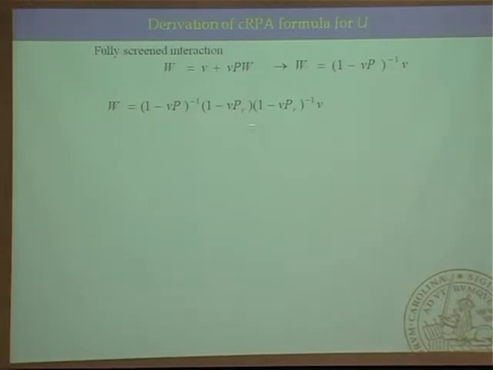And so now I do a little bit of a trick. I insert a unit matrix here. So 1 minus VP_R, that's 1 minus VP_R inverse, so nothing happens. It's just 1 here. And then we use the matrix property: if you multiply two matrices A and B and take the inverse, that's equivalent to the inverse of B and the inverse of A. So I use that formula for these two terms here.